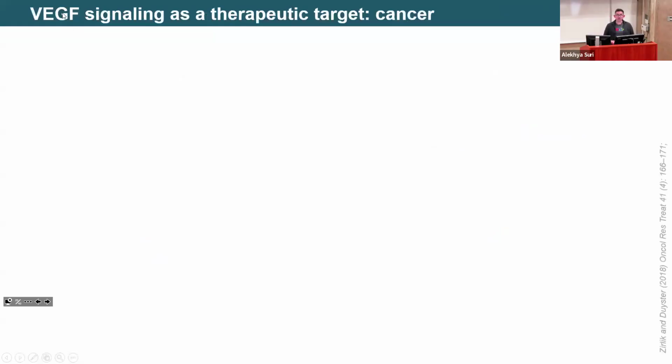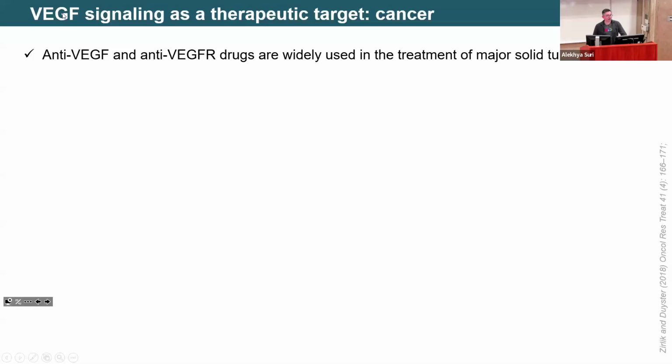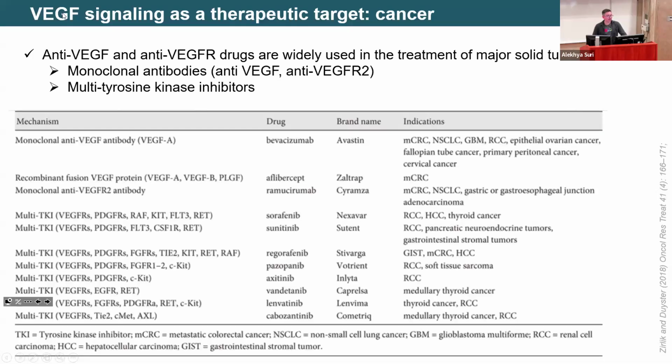So it shouldn't surprise you that VEGF signaling is the target of many very important anti-cancer chemotherapeutic drugs. It's a very common target for the treatment of solid tumors. And this is a non-exhaustive list. Some of them are monoclonal anti-VEGF antibodies.